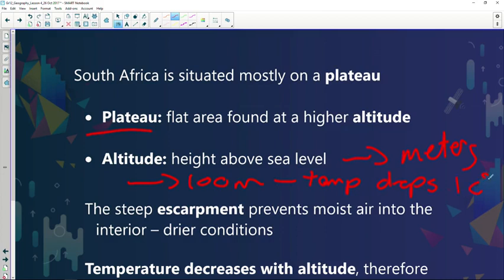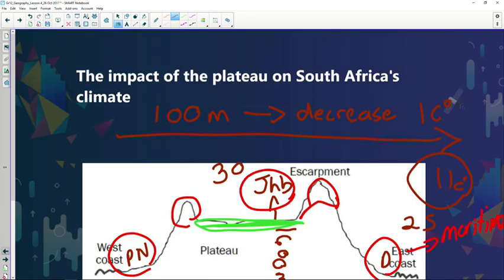Now, the steep escarpment, I showed you what the escarpment is. Let's just quickly go back. It's these areas over here. What it does, it prevents moist air, especially from the east coast, reaching the interior because it needs to move very high. Now, what happens when this moist air rises? Because it's so high, it cools, condenses, forms clouds and it rains.